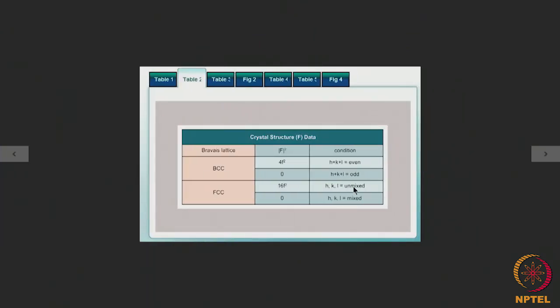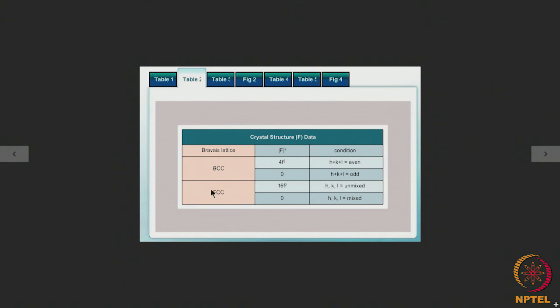Now, we need to have the crystal structure factor data. So, for BCC, we know that F square is equal to 4 small f square, where small f is the atomic scattering factor, and this is possible when H plus K plus L is an even quantity, and it will be 0 when H plus K plus L is an odd quantity.